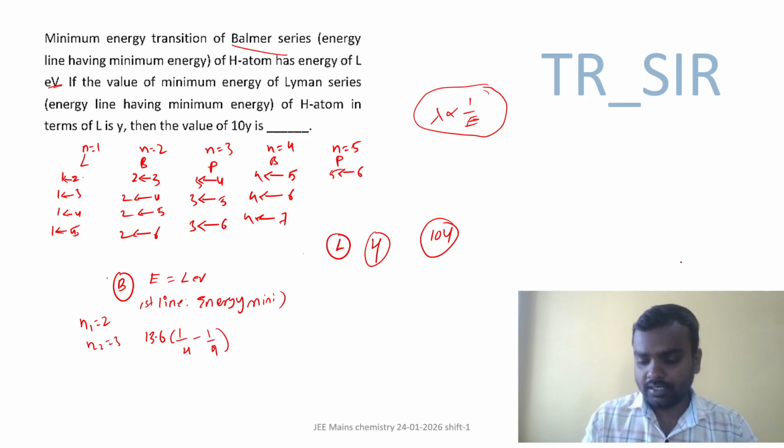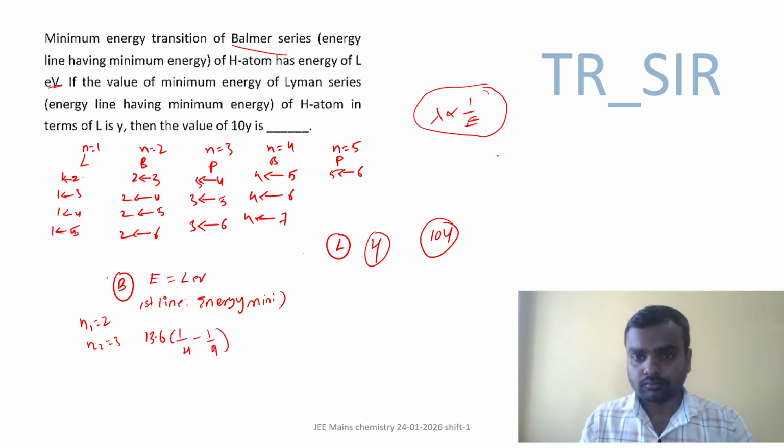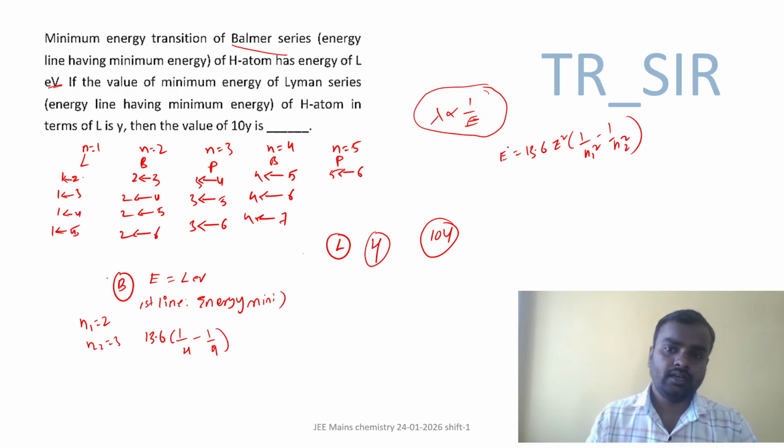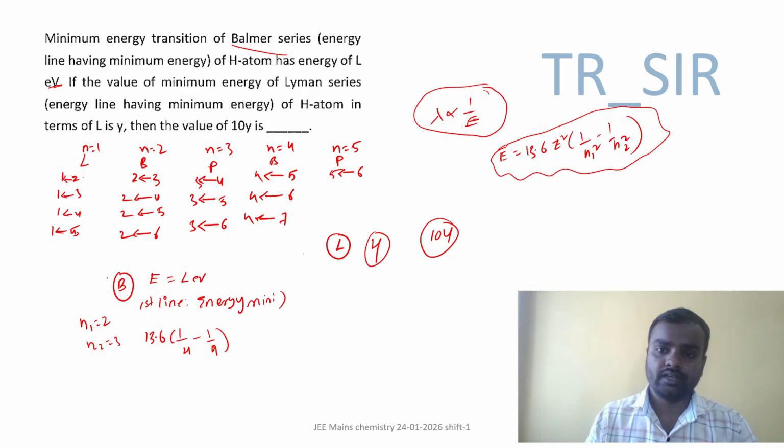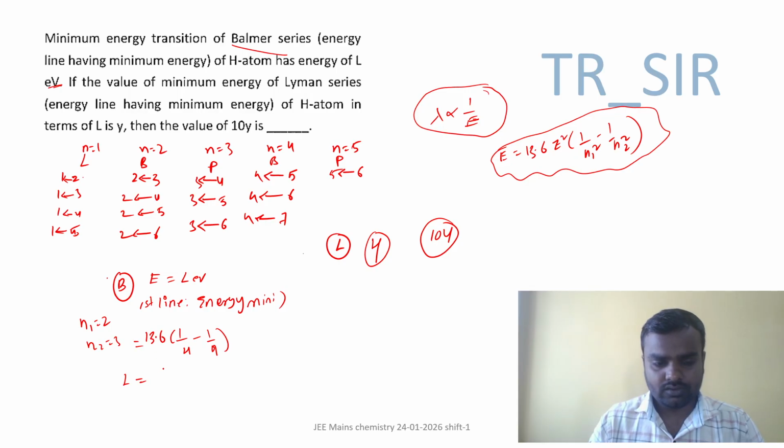The formula I'm applying is energy equals 13.6 Z square into 1 by N1 square minus 1 by N2 square. They gave the energy in terms of L, so L equals 13.6 times, taking LCM, 5 by 36. This is equation number 1.